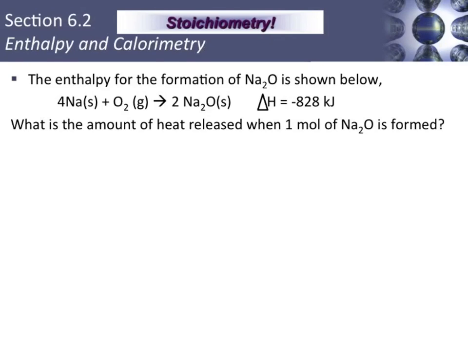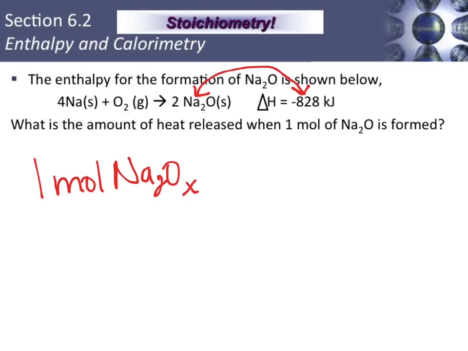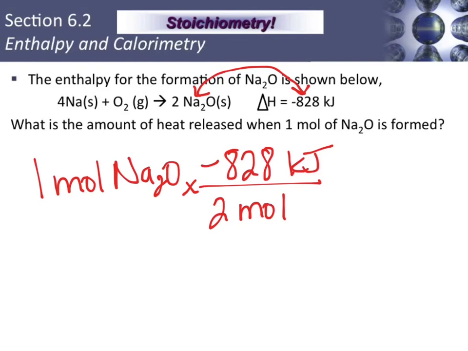We know that for every 2 moles of Na2O being formed, it's negative 828 kilojoules. So if we have 1 mole of Na2O, we know that is negative 828 kilojoules for every 2 moles.